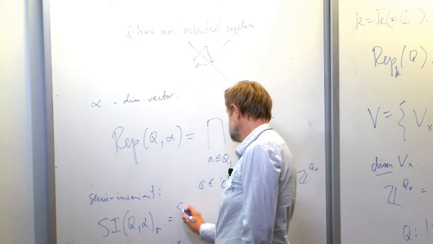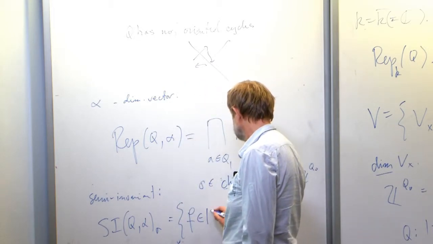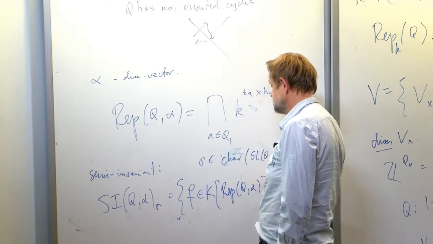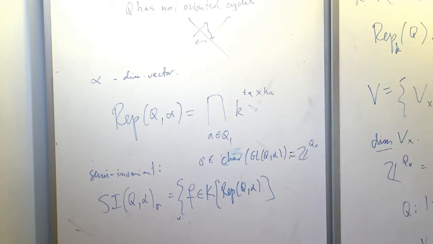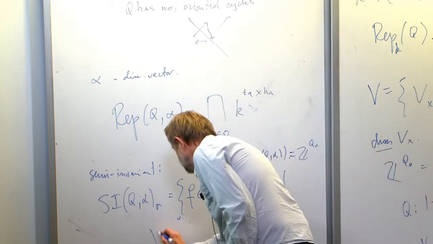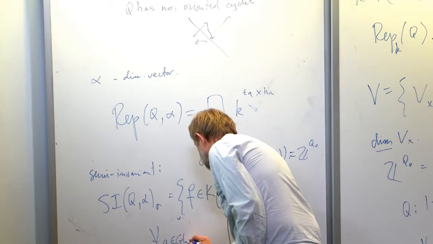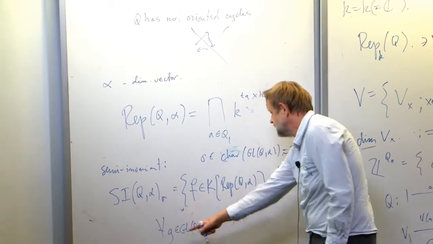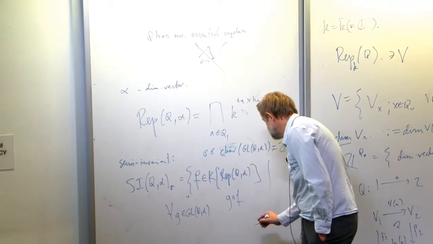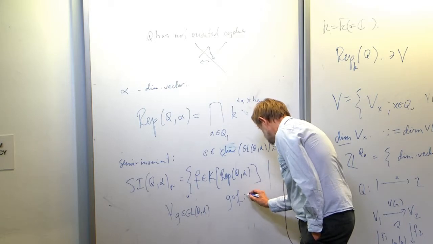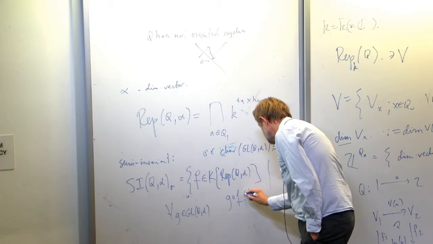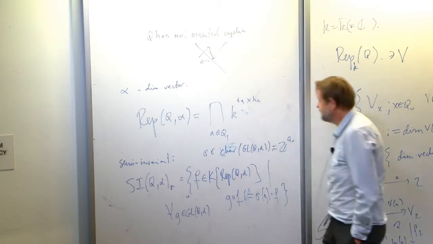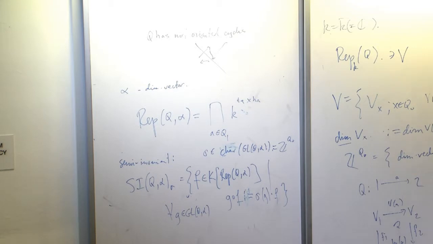This will be the set of all polynomial functions, polynomials in the entries of our matrices, such that for every g in GL(Q, alpha), g times f is sigma of g times f. So the function transforms with the character of the group.